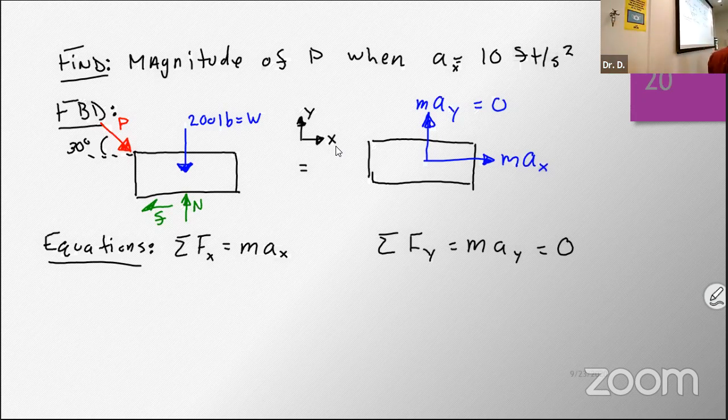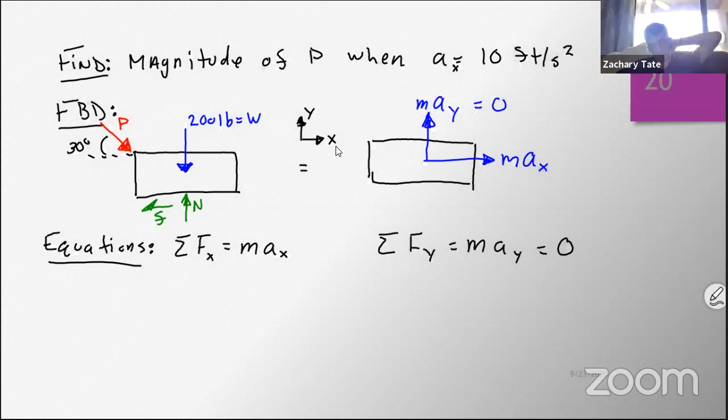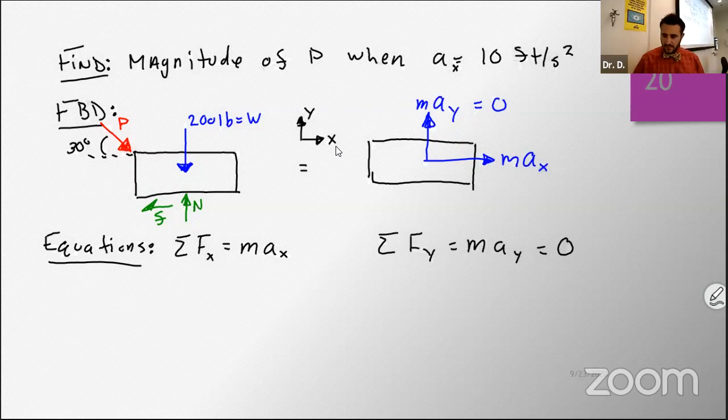What are my X direction forces? Look at the free body diagram. What's acting in the X direction? Would you have to use sine rules to find what P is doing in the X direction? Yeah, so there's an X component of P for sure. So for right now, why don't we just call that P sub X? Is there anything else?